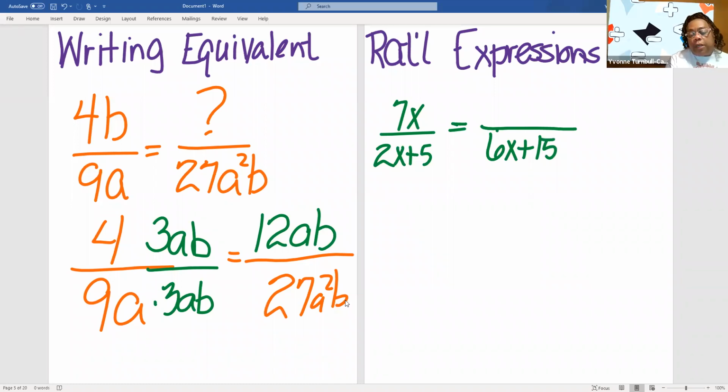Now, there's more than one way that you can do this problem. And I said from lesson 1 when we first started that factoring is going to be important. Now, some of us can probably look at it and say, oh, I know what's missing. The question is, how did they get from 2x plus 5 to this?